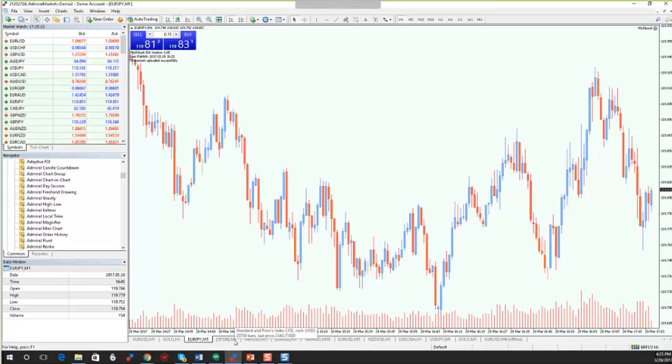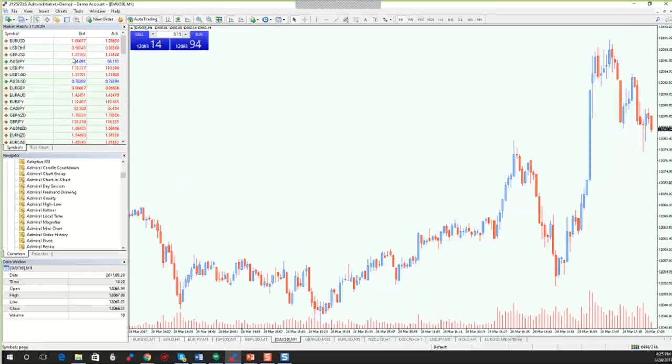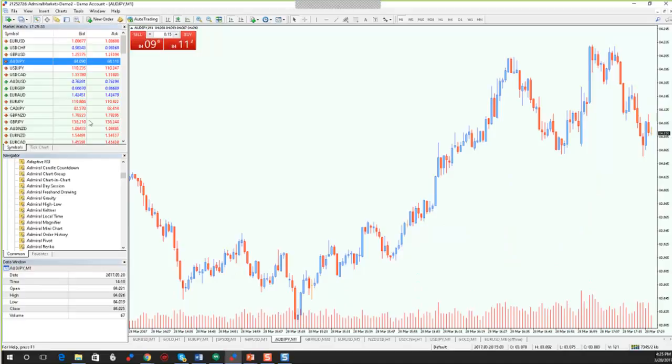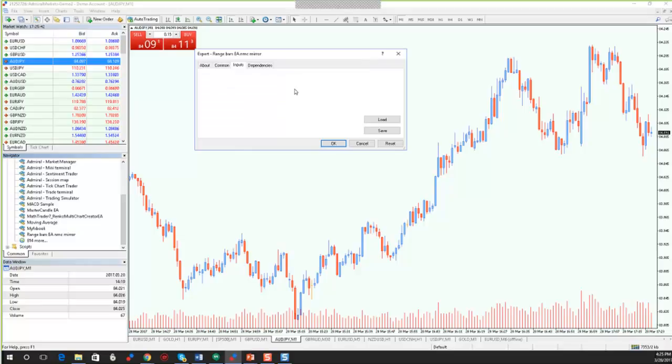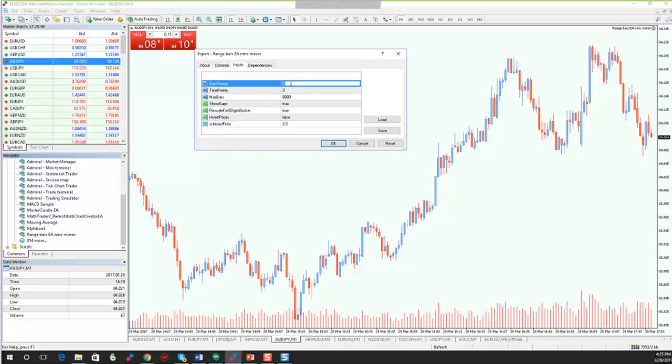Okay, here, let's see, DAX. We can use actually Australian dollar yen, for example. So here we need to put the expert advisor. Okay, so we go to the range bars expert advisor. Here we will use 6. Okay, 6.